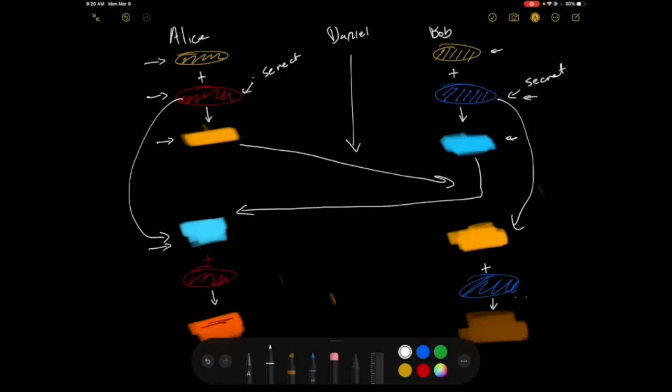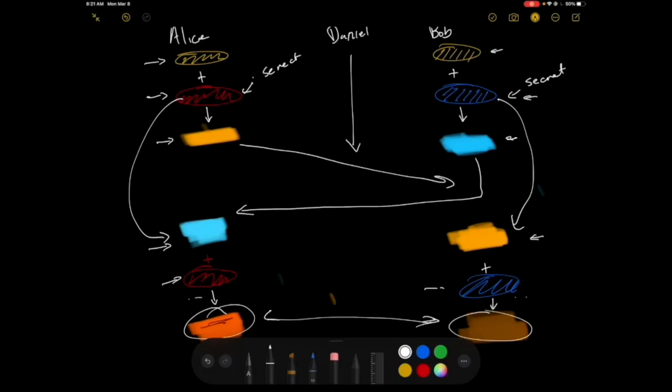In this case, Bob shares his blue, Alice shares her light yellow. And then they combine their information, even though I didn't pick the same colors here. These two colors are actually the same. Sorry about that. Then they combine their public information and their private information to get the same secret information on either side. And so that's the idea of the Diffie-Hellman key exchange.